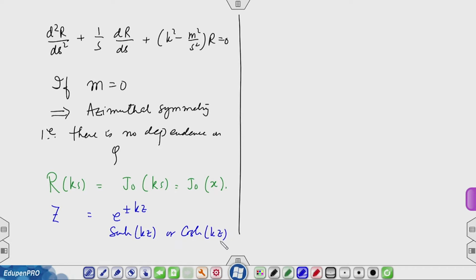So, the final solution will be a linear combination of these. Depending on the problem, either k can be discrete or k can be continuous. Since we are using these special functions, I need the orthonormality relations.